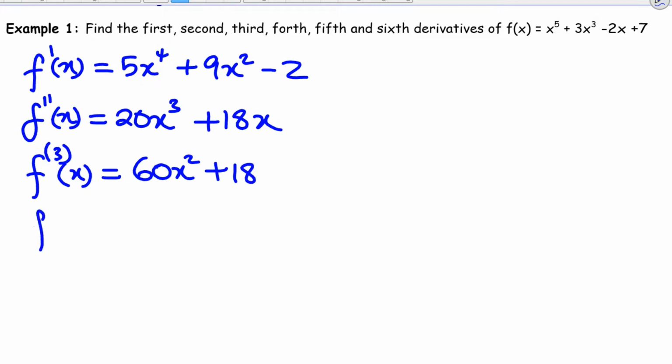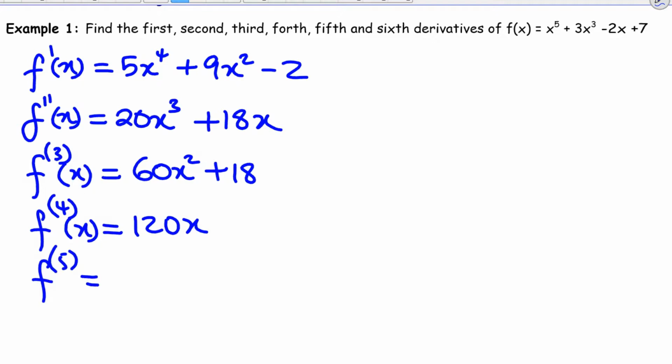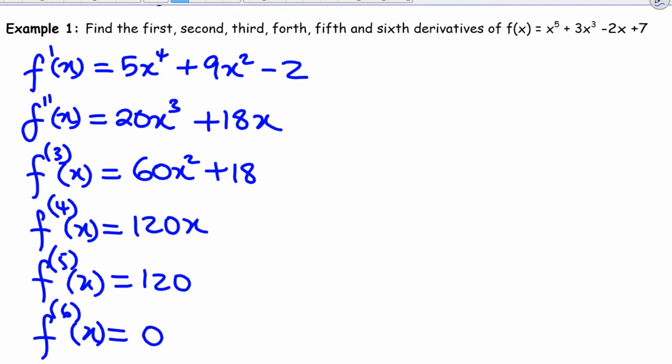The fourth derivative of this function will be 120x. And then the fifth derivative will be 120. And the sixth derivative will be 0.